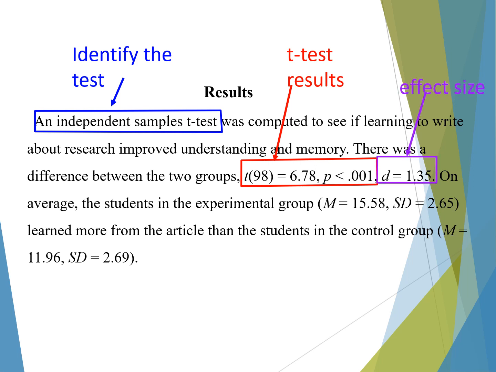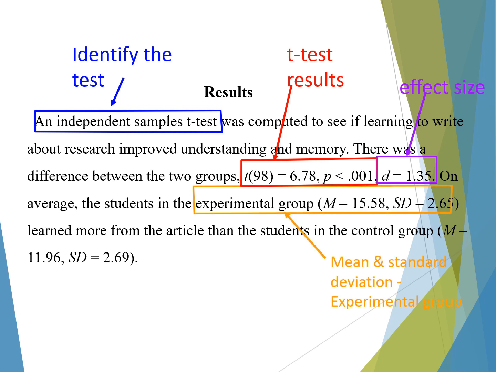We've got our effect size, Cohen's d in this case. We have the mean and standard deviation for the experimental group. So on average, students in the experimental group, we put the means, learned more from, is where we're telling about the direction of the difference. So the experimental group was higher.